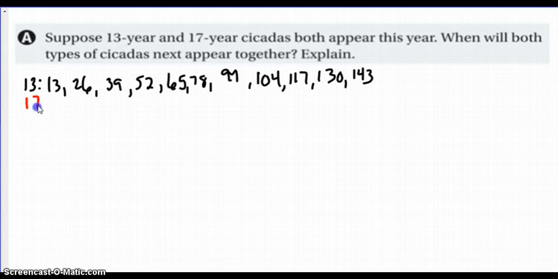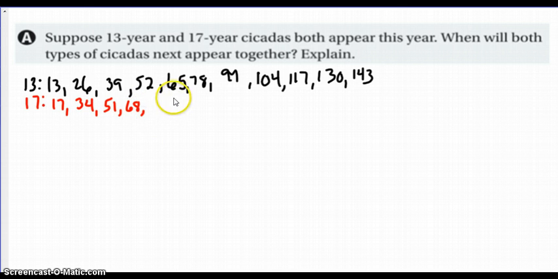So for 17, we'd have 17, 34, okay, that's times 2, then 51, and 68. And I usually start with going out 10 on both just to make sure that I'm not missing anything.